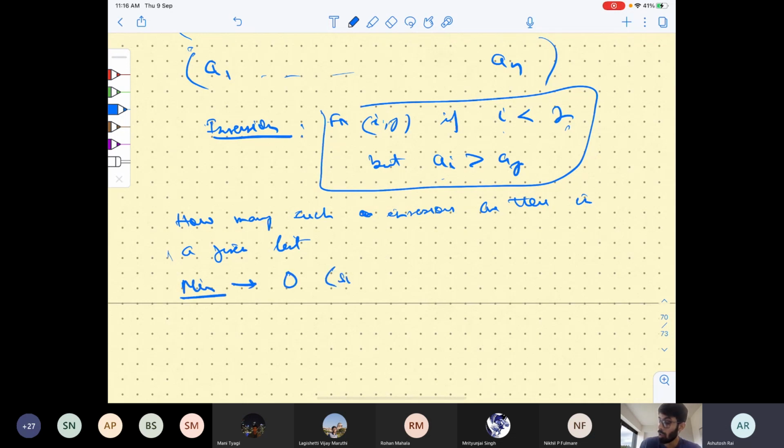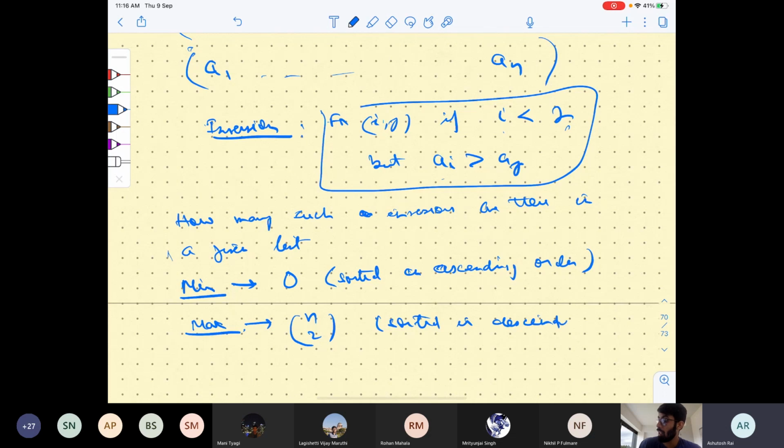It is 0, when the list is sorted in ascending order. And the max is n choose 2, when sorted in descending order.